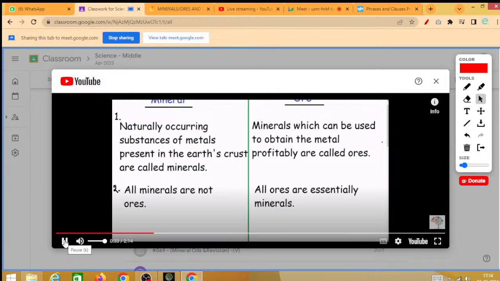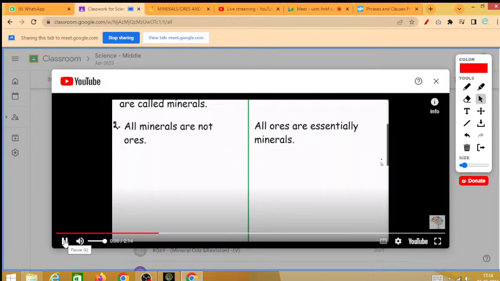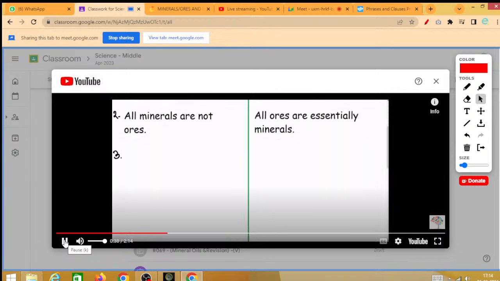Now comes the example part. The examples. I will try to put a picture on. This is clay. It is a mineral of aluminium.